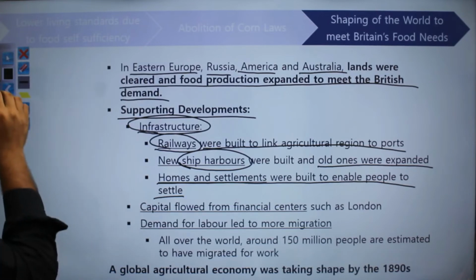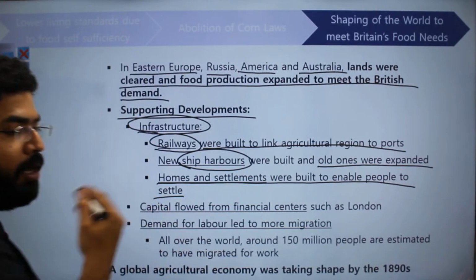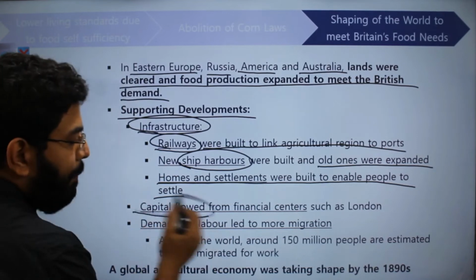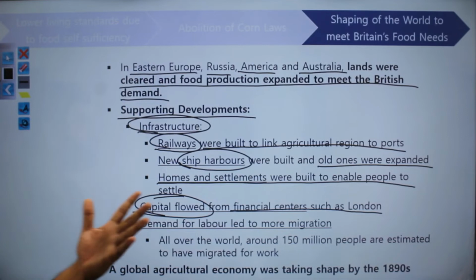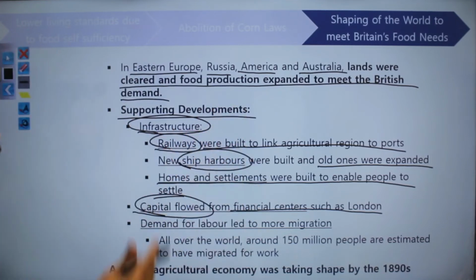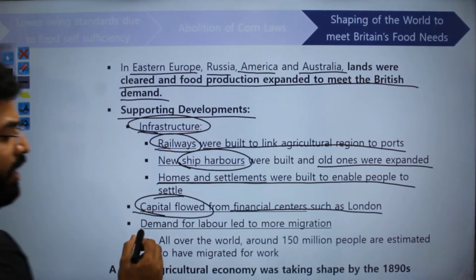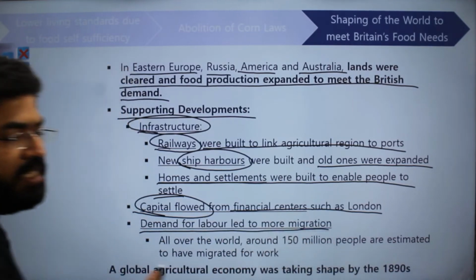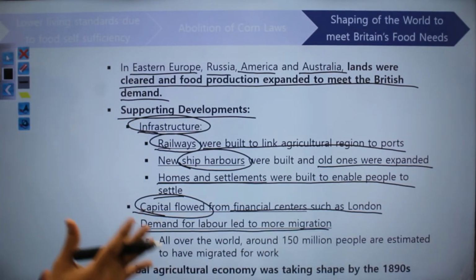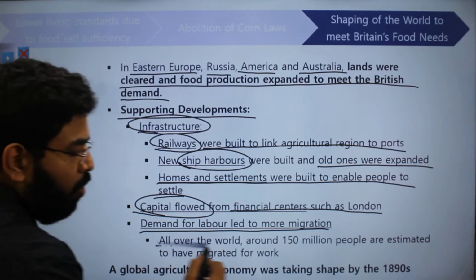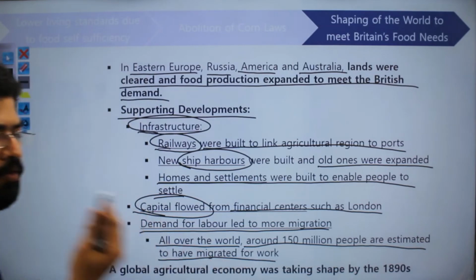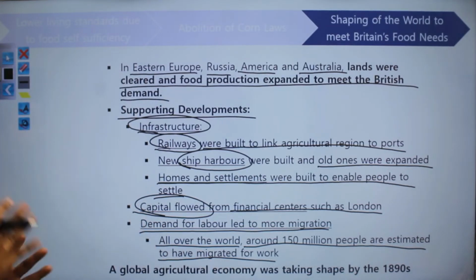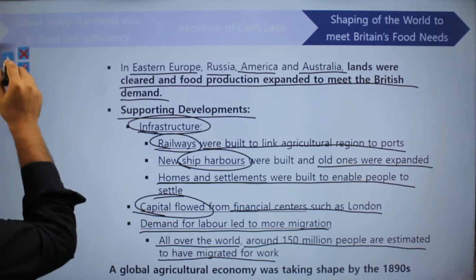Then, because all this was happening, capital flowed from financial centers such as London to various other states like Russia, America and Australia. Demand for labor also increased because we had vast lands and more labor was required. Hence, all over the world, around 150 million people are estimated to have migrated for work. So this was the situation created primarily by Britain's changing food pattern.